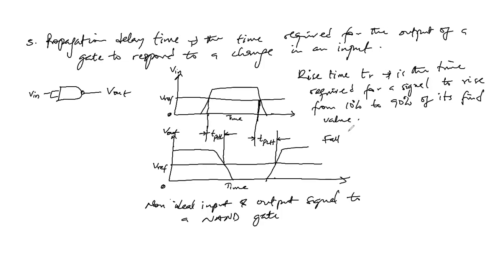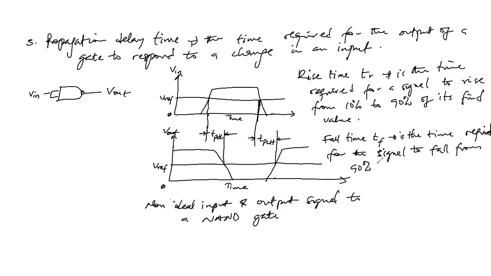While the fall time, which is T sub F, is the time required for a signal to fall from 90% to 10% of its initial value.